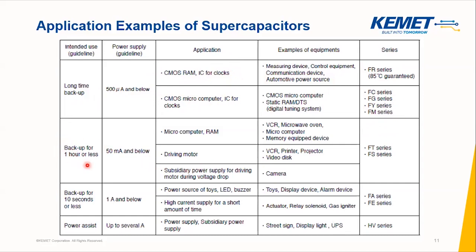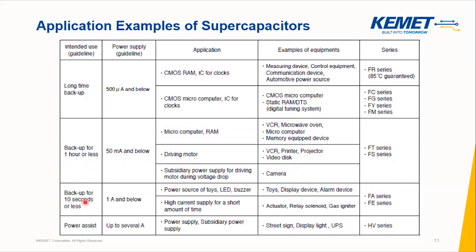When it comes to a backup time of 1 hour or less, 550 milliamp and below, we have other applications: microcomputers, driving motors, micro ovens, printers, cameras. So these are the series that can be suitable for this type of application and this backup time.